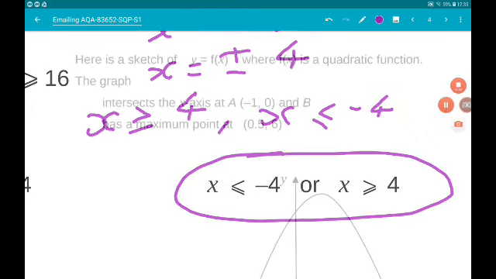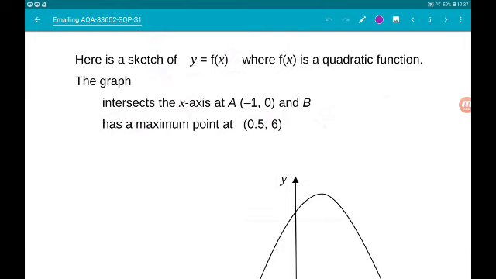Cool. Okay, question 5, we have a sketch of y equals f of x, where f of x is a quadratic function. We're told the graph intersects the x-axis at A, which is minus 1, 0, and B, and has a maximum point at 0.5, 6.